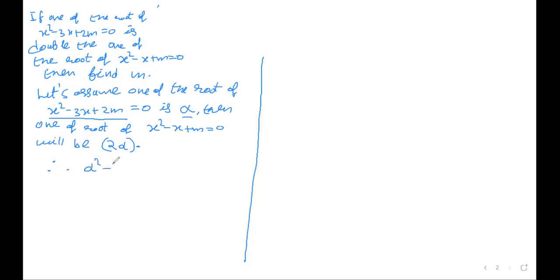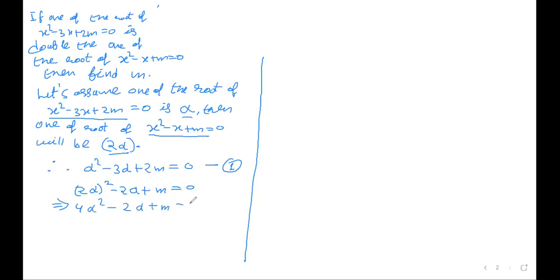Yes, sir. Alpha square minus 3 alpha plus 2m equals 0, and 2 alpha will satisfy the second equation, so 2 alpha whole square minus 2 alpha plus m equals 0. Is that clear? Write this as the first equation. This is 4 alpha square minus 2 alpha plus m equals 0 as the second equation. Now we solve these two simultaneously, following the same method.